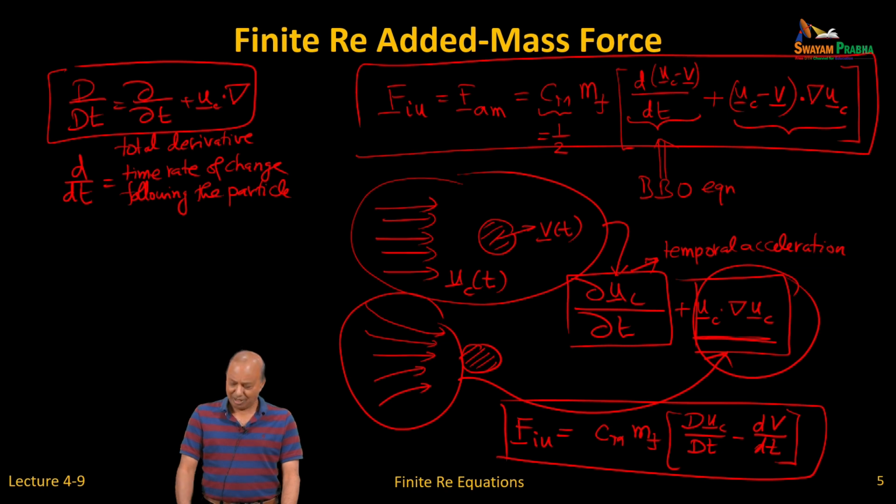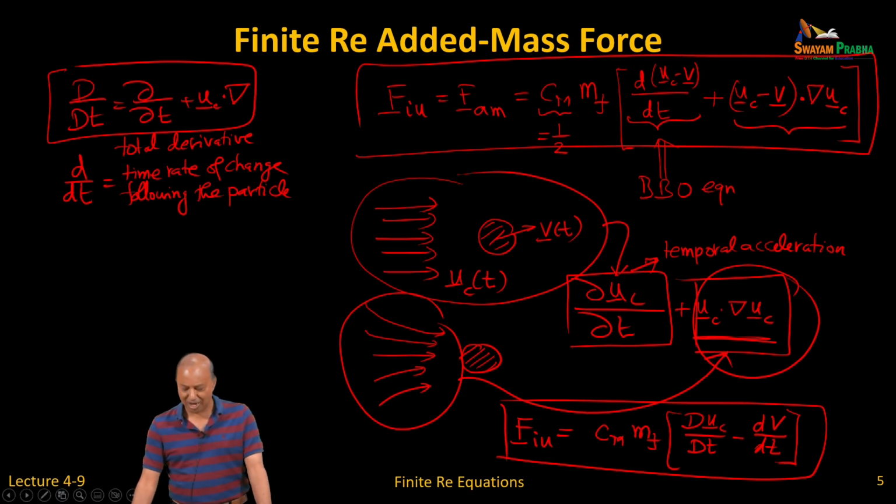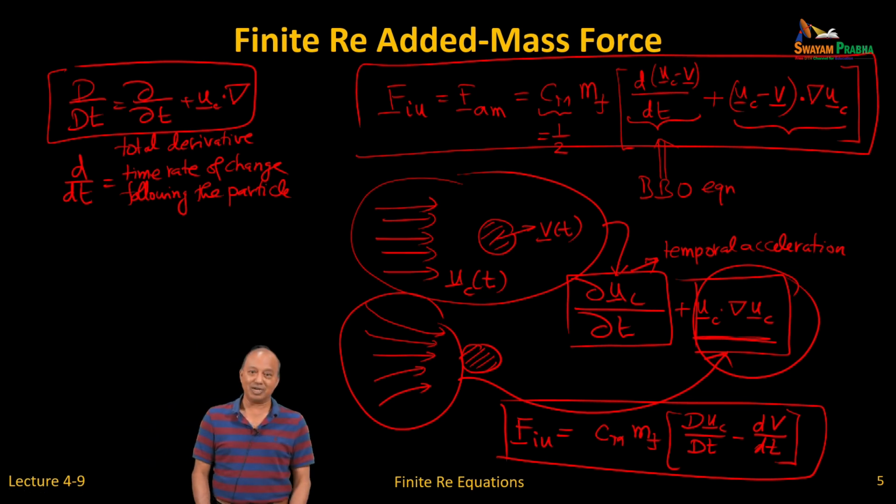Because in Navier-Stokes you don't just use the time derivative, you use the total derivative, right? So when I have to calculate relative acceleration at finite Reynolds numbers, I have to take the total acceleration of the fluid minus the acceleration of the particle. For the particle, it's a rigid body, therefore there is no convective part, you just have the time derivative. So that's a little change, but otherwise the added mass coefficient doesn't change with Reynolds number, fortunately.